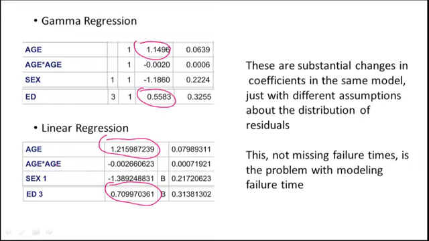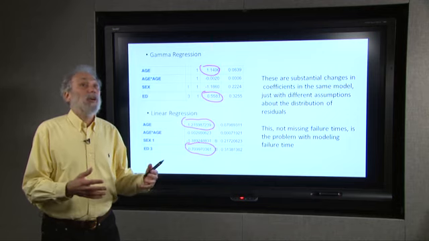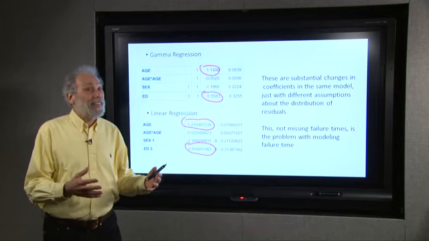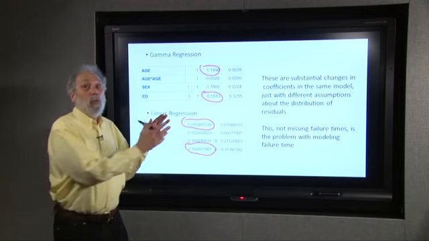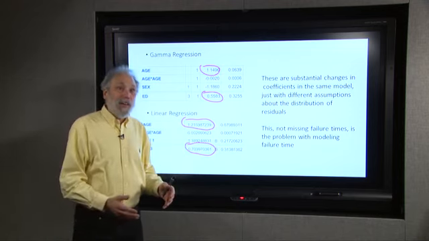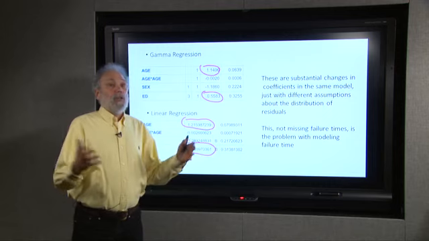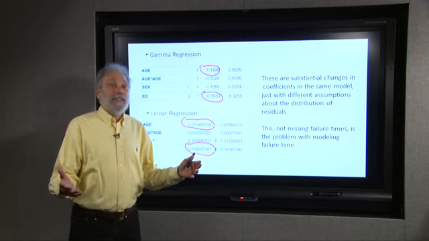The results that I get are sensitive to how I specified the distribution of the residuals. And in fact, the distribution of the residuals is pretty strange. And so this creates some uncertainty about what the true effects are and what the hypothesis tests are.